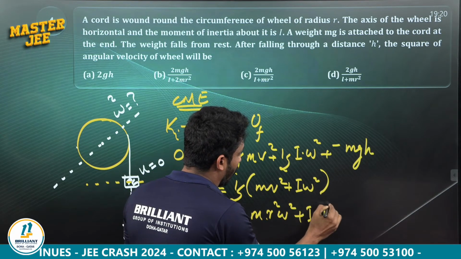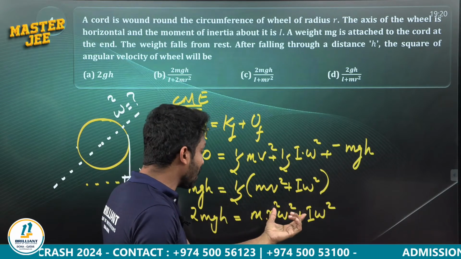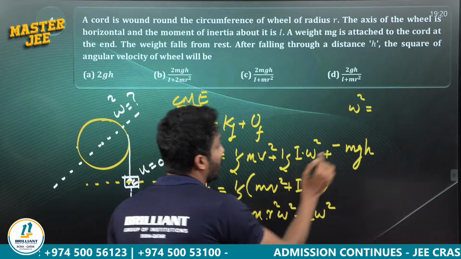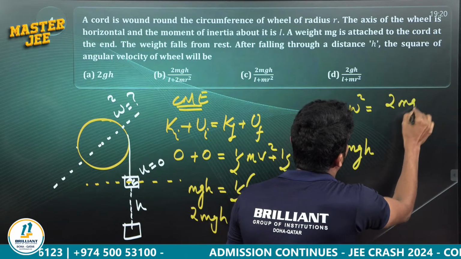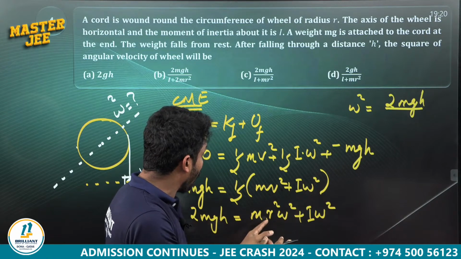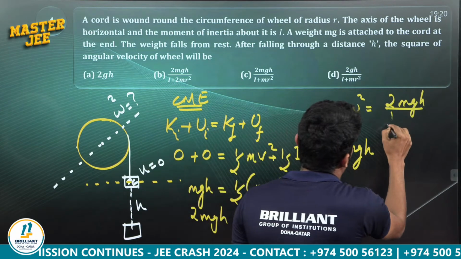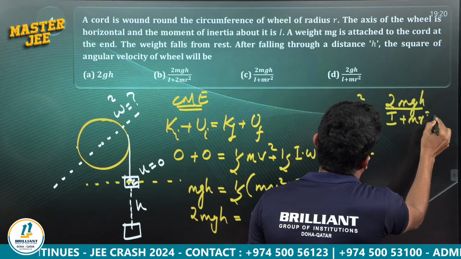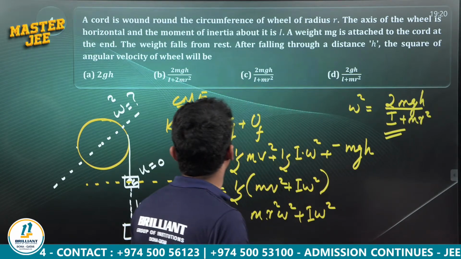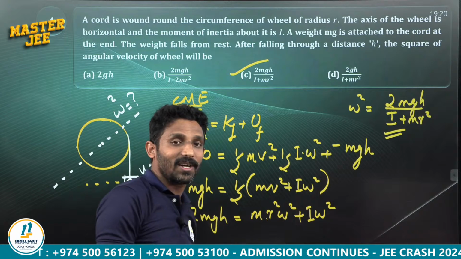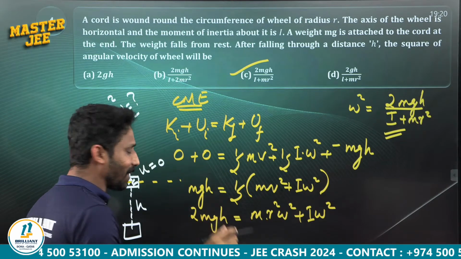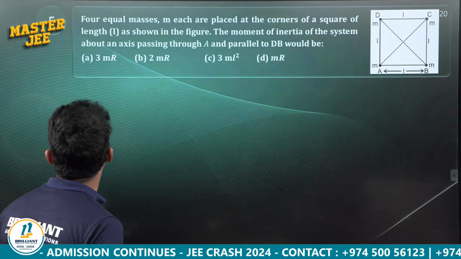Now omega square is taken out, and it is asked in the question, so omega square is equal to 2 mgh divided by, in the bracket, mr square plus I. That is, 2 mgh divided by I plus mr square. That is the answer, option C. Understood? Very important question but very simple. Now the next question, the fifth one.